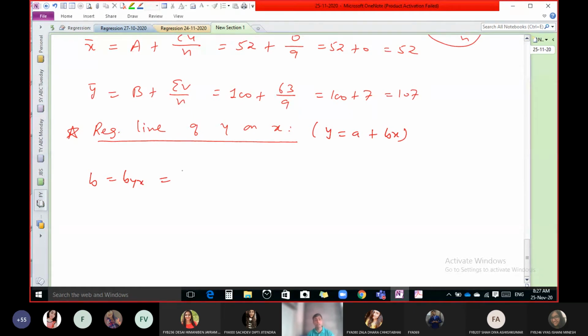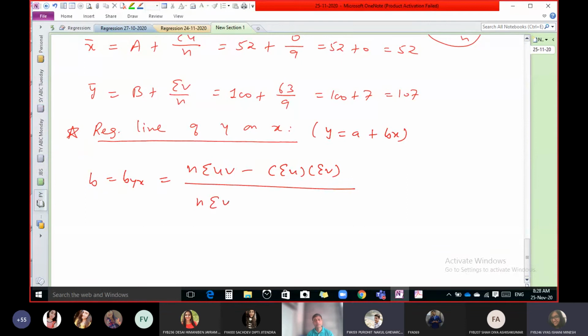The formula for byx is n summation uv minus summation u into summation v, upon n summation u square minus summation u whole square. Correct. And there is no need for d by c or c by d, the reason is we haven't taken that value c and d.